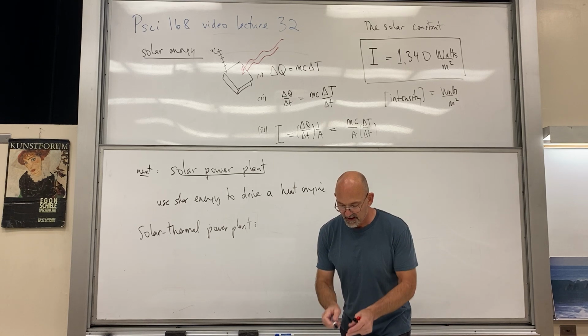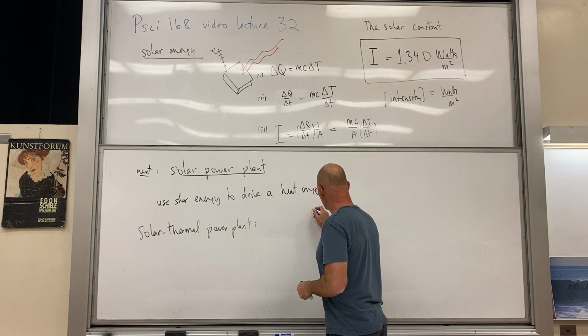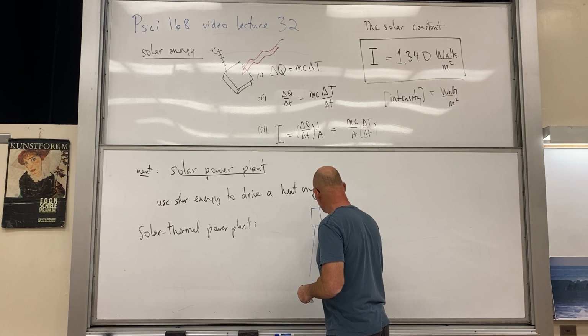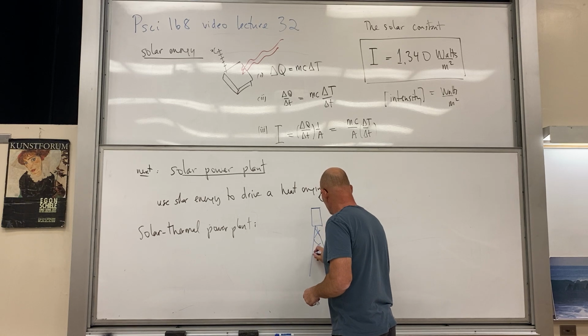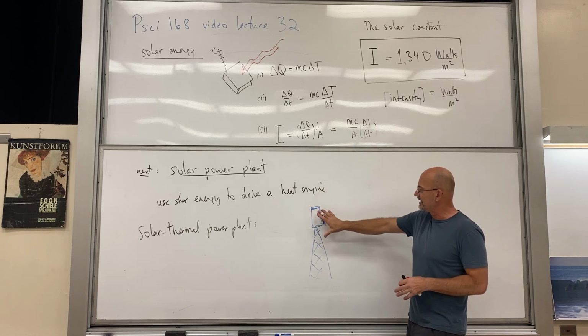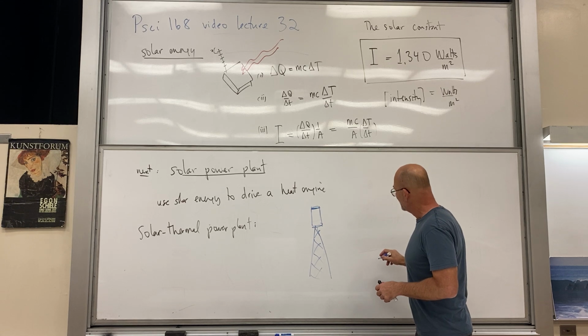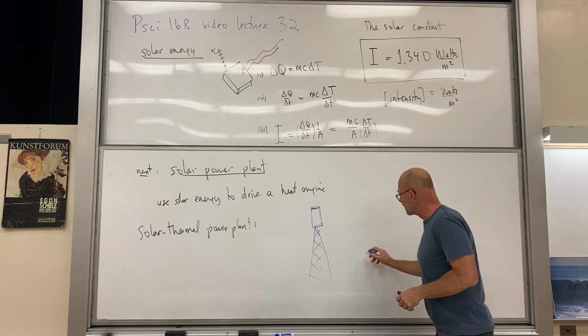Okay, so what is going on there is the following. This type of power plant has a central tower. So this is a tower, say a steel tower, and it's got this giant cylindrical container on it that contains some kind of fluid. Then there are things called heliostats.